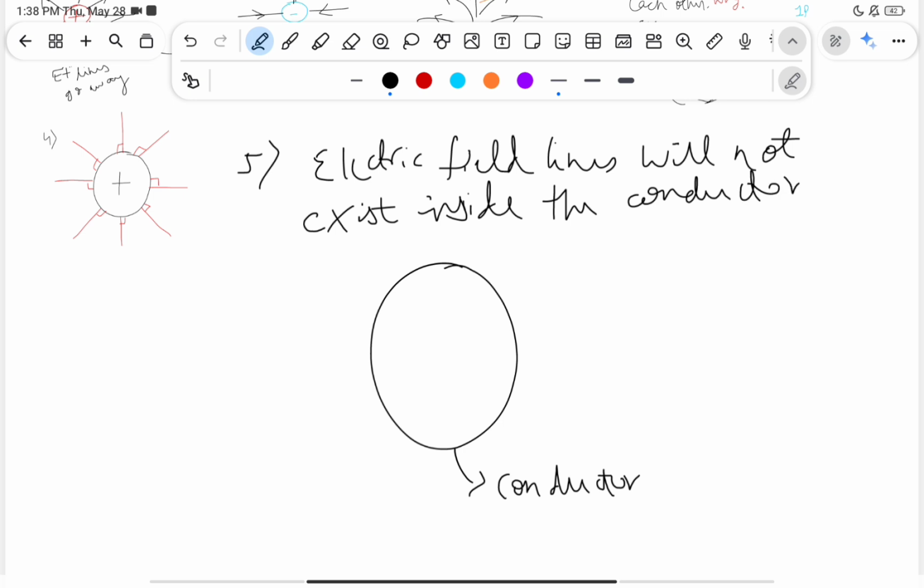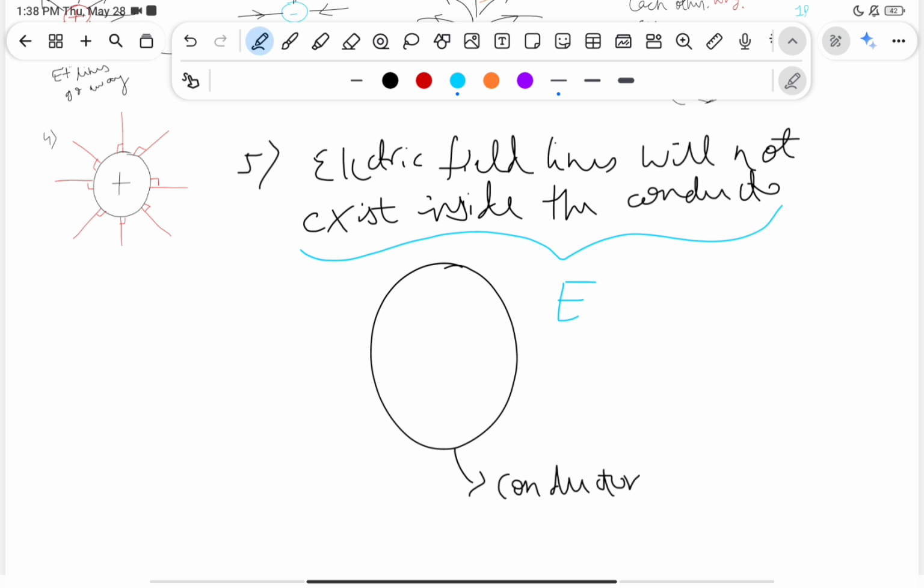If someone is saying that the electric field lines are going like this inside the conductor, it is absolutely false. Okay, in light of this statement, what will be the electric field inside the conductor?